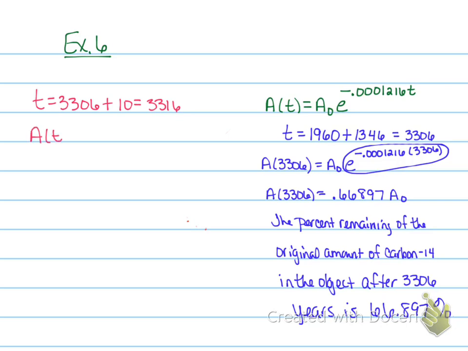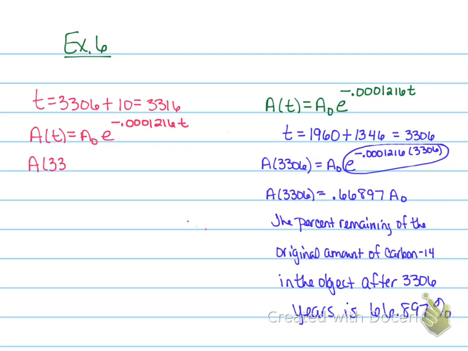So A of t is equal to the initial amount, using the same formula, e to the negative 0.0001216t. And let's plug in that t is 3,316.